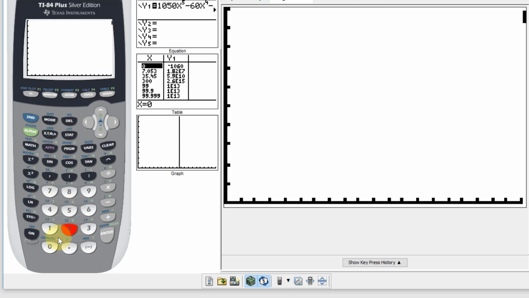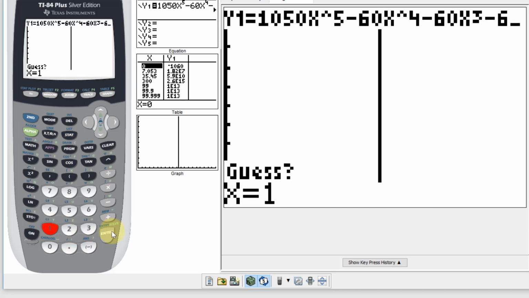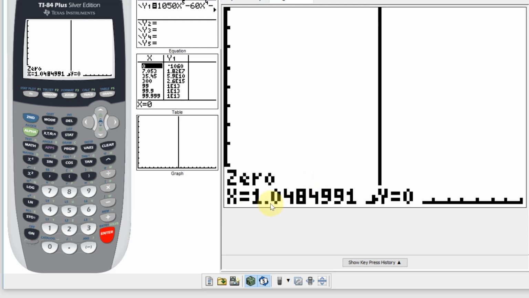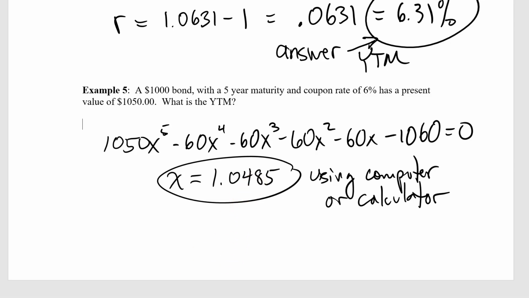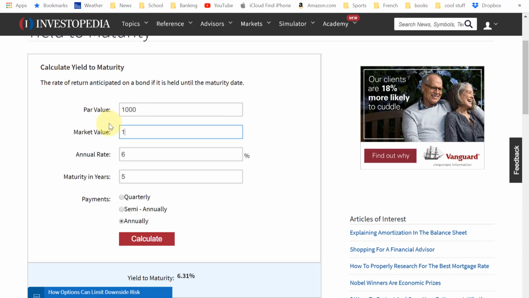Let's find a 0, left bound 0, right bound 2, somewhere between there, it's around 1. 1.0485 if you round off to 2 places after the decimal in the percentage. So I get the same answer there, and one other place we could check it. So market value is 1,050, same annual rate, 5 years, annual payments, 4.85%.